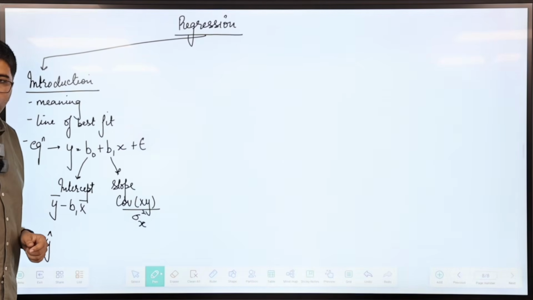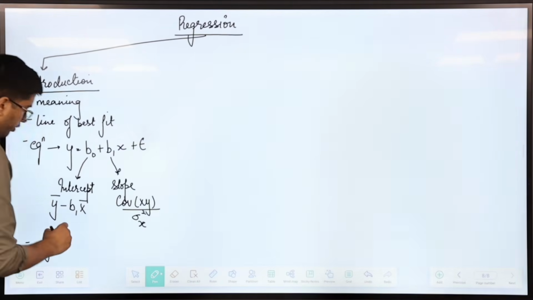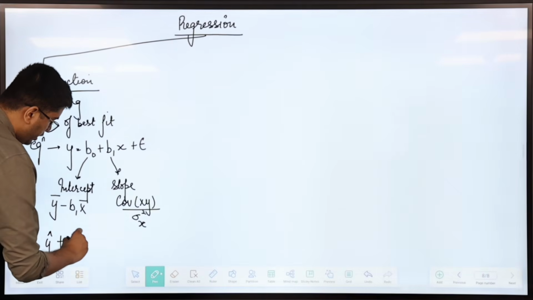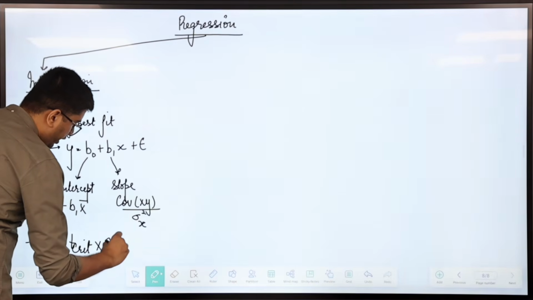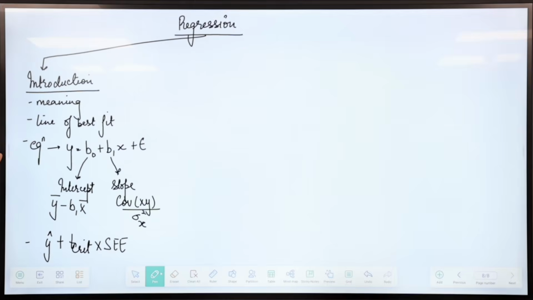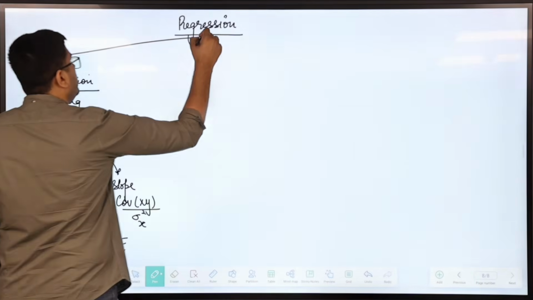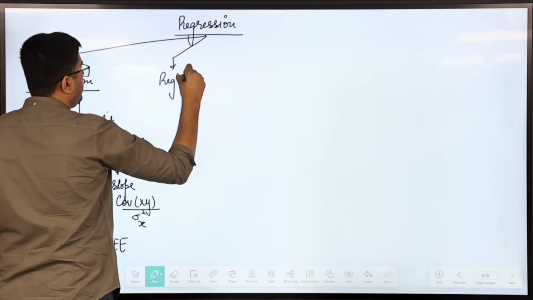That is also not equal to 2000. So you don't give prediction as a single point, you give prediction as a range. So here you can create a range of prediction using T critical value and standard error of estimate. This will come up later on. Then, second part of our discussion is regression table.